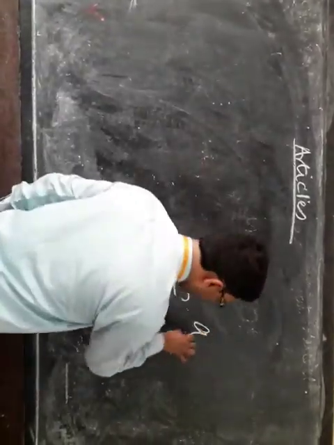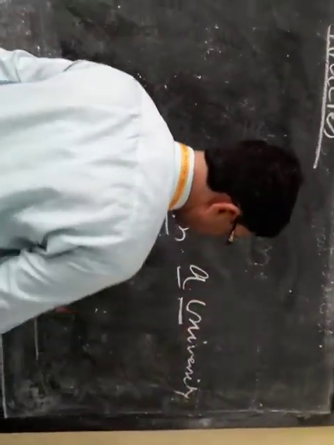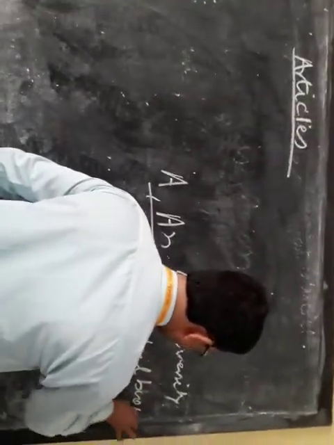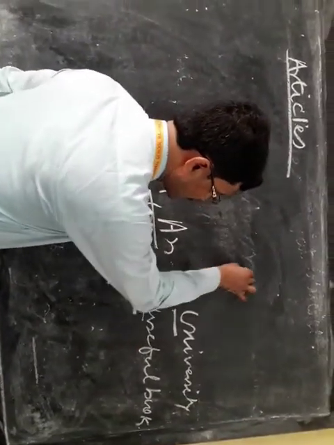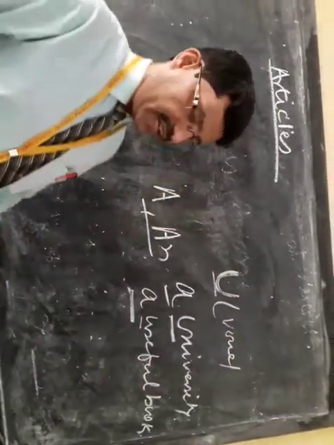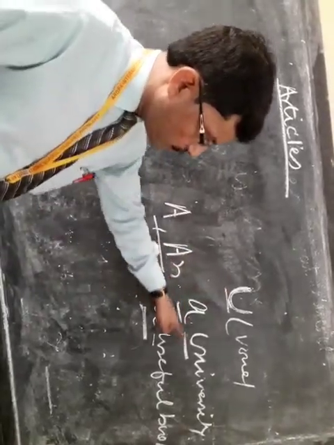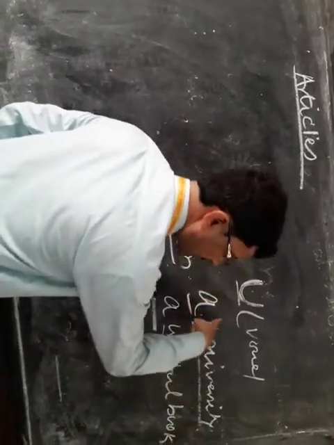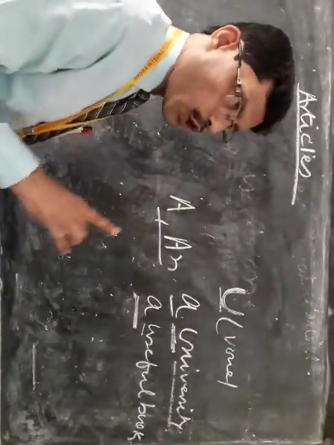Suppose university, a university, a useful book, not an useful book. Have a look. See, U. This U is actually a vowel. You know, there are 5 vowels: A, E, I, O, U. University, the first letter is U, it's a vowel, but it produces a consonant sound.